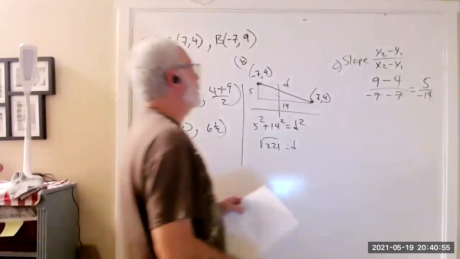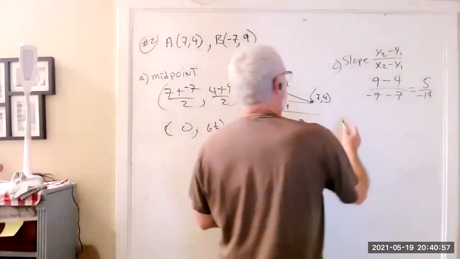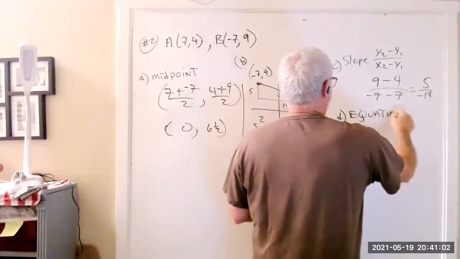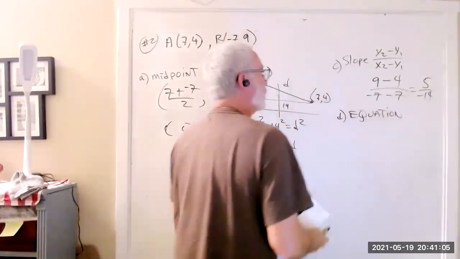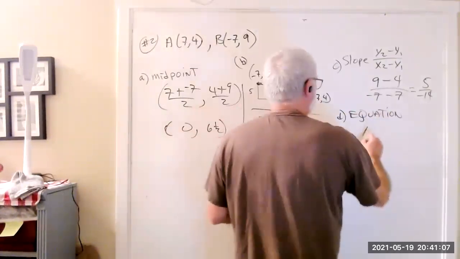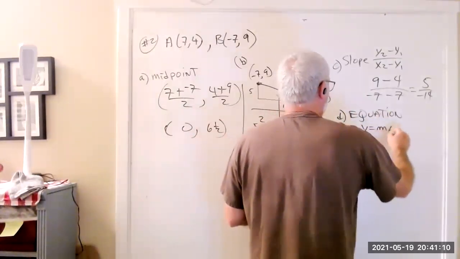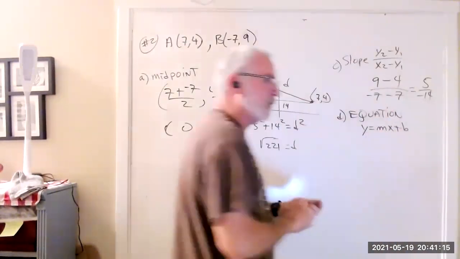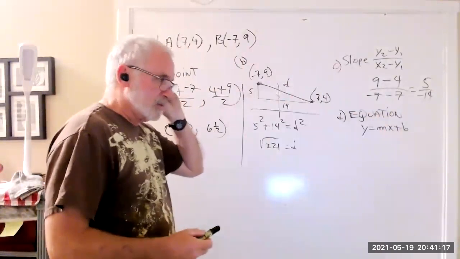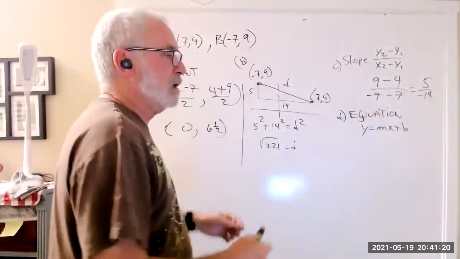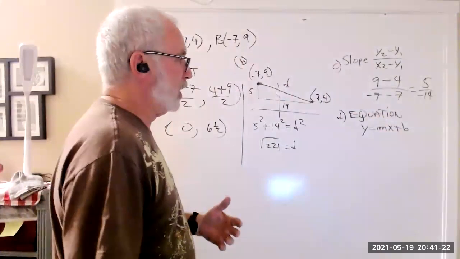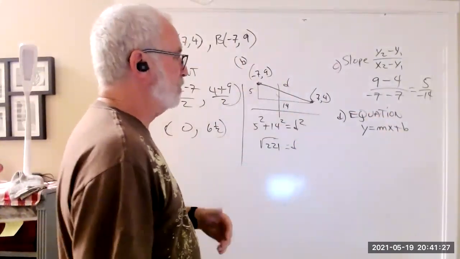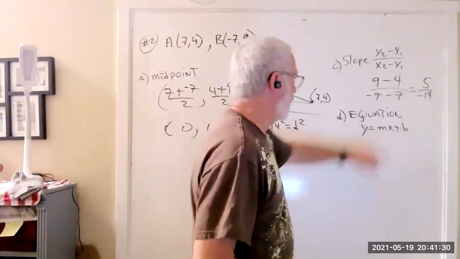And then finally, the equation of this line, the way I taught it, not the way everybody has learned. There are sometimes more efficient ways, but the way I taught it was to plug everything into that, solve for the b value, and then see what happens.